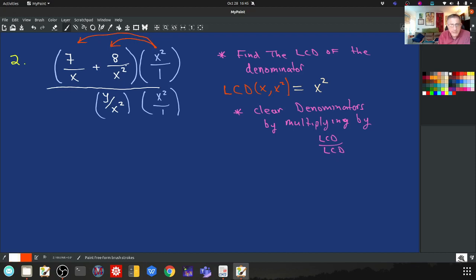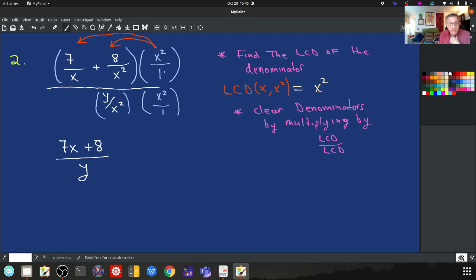So clearing the denominators, 7 divided by x times x squared is 7x. 8 divided by x squared times x squared is just 8. Over here, y divided by x squared times x squared is just y. So notice, what do I mean by clearing the denominators?